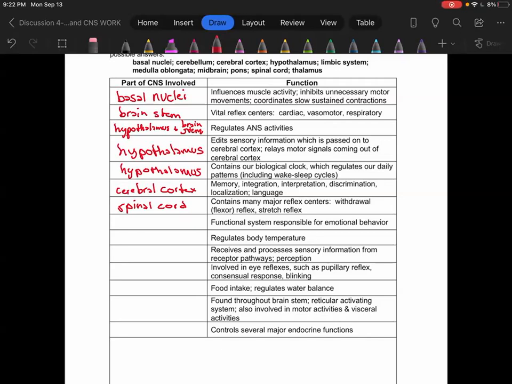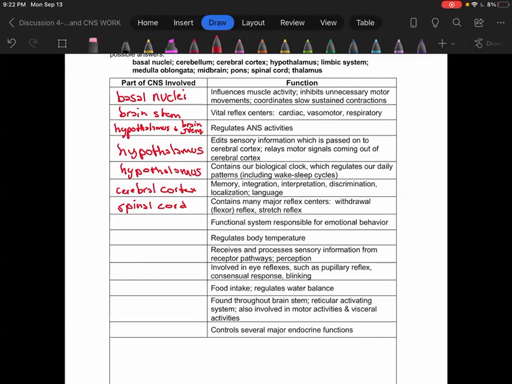Same thing if you touched a really hot stove, you wouldn't think, oh, the stove is hot, let me pull my hand off. Instead, that signal would be sent straight to the spinal cord and we'd have a reflex of pulling our arm away without actually thinking about it.